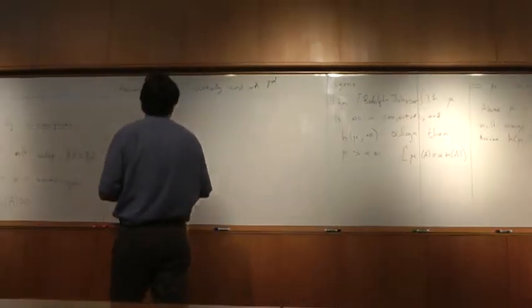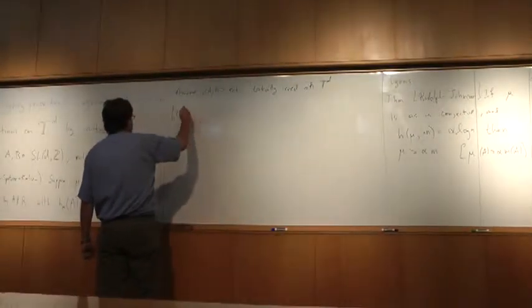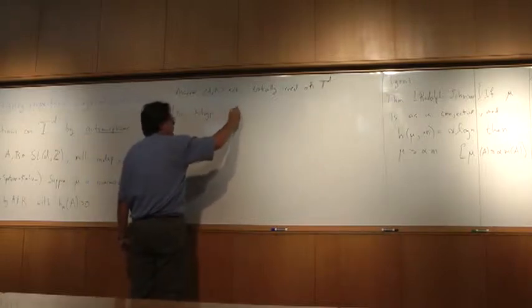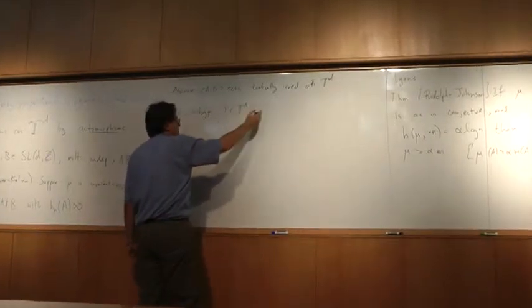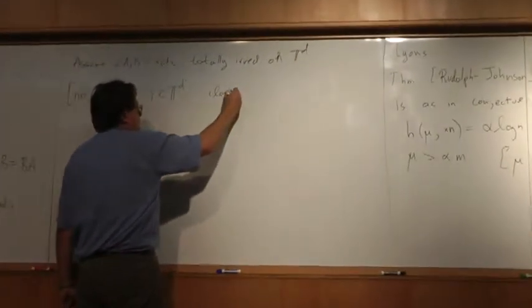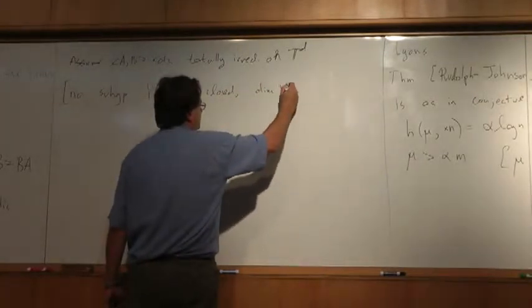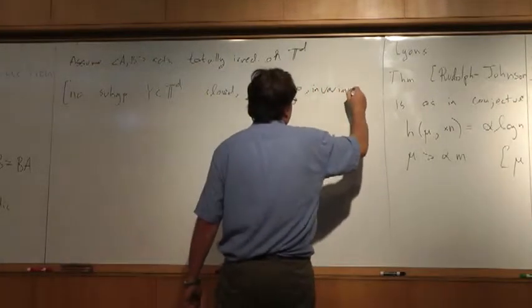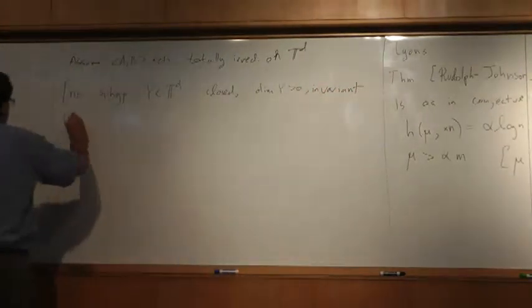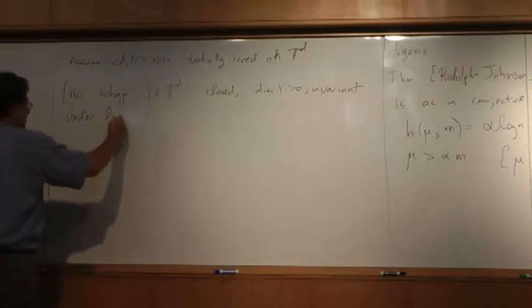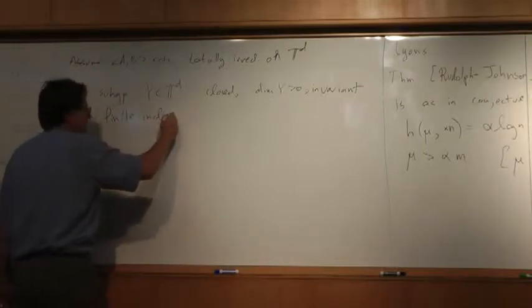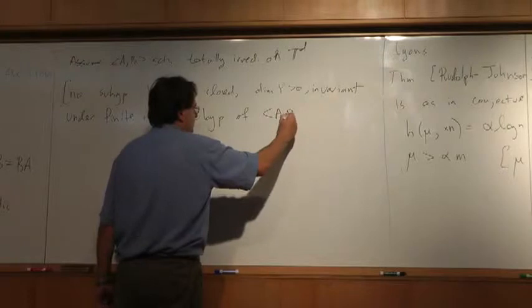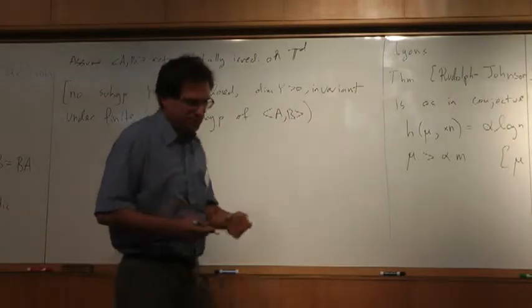There is no subgroup, let's call it Y of TD, closed, dimension of Y positive, which is invariant under a finite index subgroup of the group generated by A and B. Okay, some irreducibility assumption.